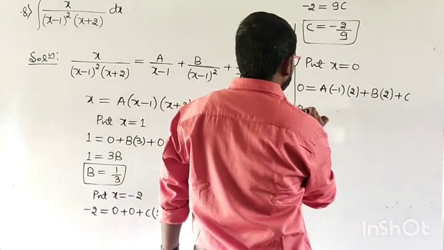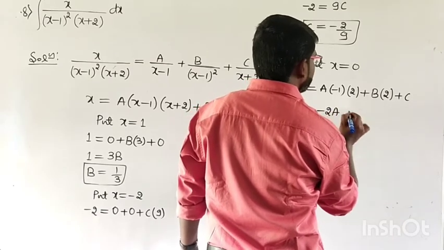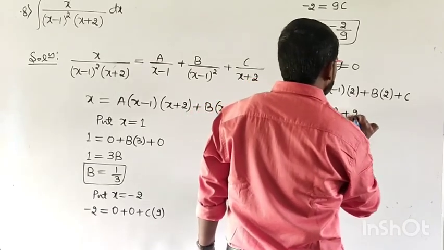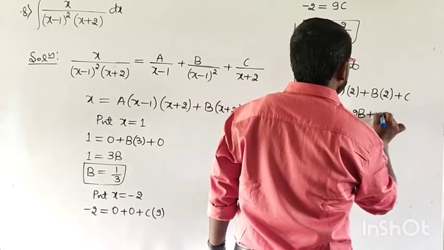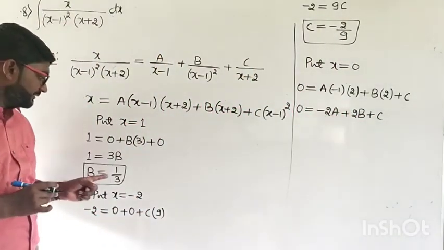So 0 is equal to minus 2a plus 2b plus c.